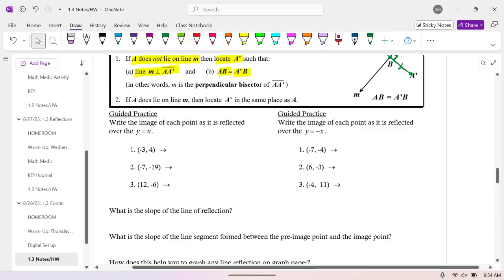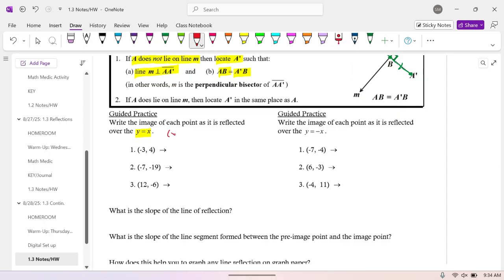With the guided practice, let's just do this very quickly. If we're reflecting over the line y equals x, that means our rule is what? So if we start with xy, we're mapping it to what? When y equals x, yx, yeah.